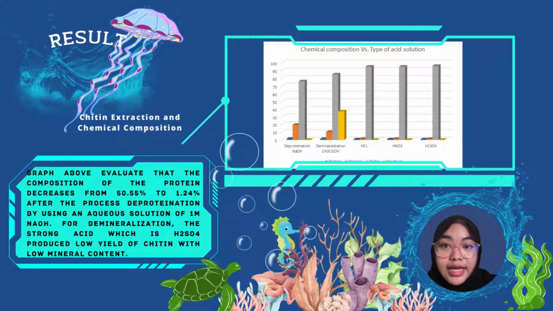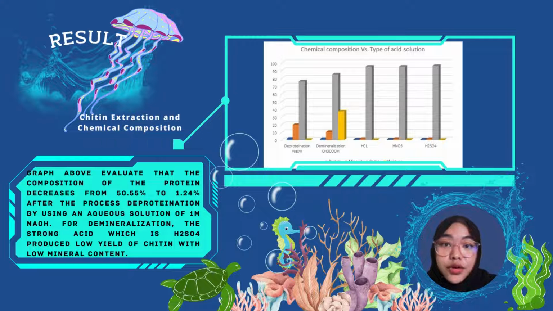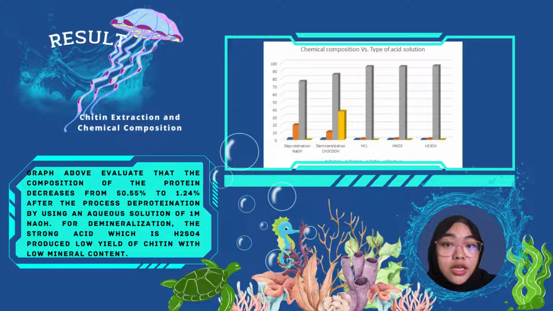This can be a result of degradation under extreme circumstances, as well as the loss of a tiny quantity of chitin during the washing process. The washing procedure with distilled water to remove the residual acid appears to have resulted in the loss of chitin. As a result, while washing the demineralization product with distilled water, care must be taken to avoid losing the acquired chitin.